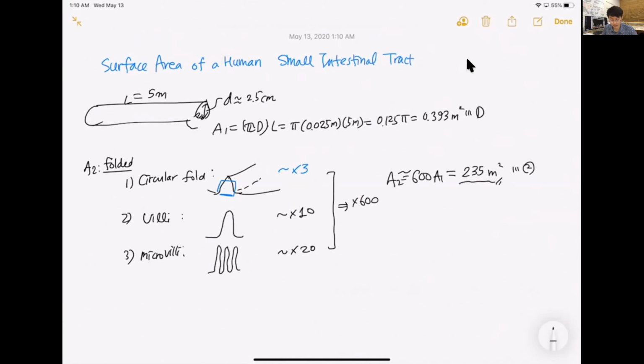So that's our conclusion, and I have to say this is a rough ballpark figure, and the numbers here may not be exactly true; in fact, there is a controversy.